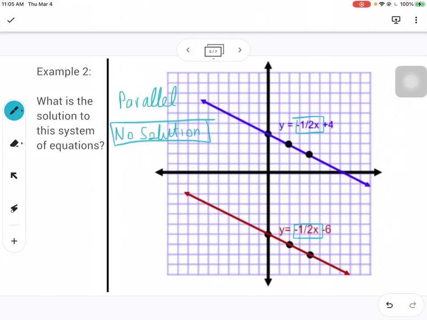Every time the top one goes down 1, over 2, down 1, over 2, same on the bottom. That's why they'll never cross. They have the same slope, so they're going in the same direction. They're just at different heights.